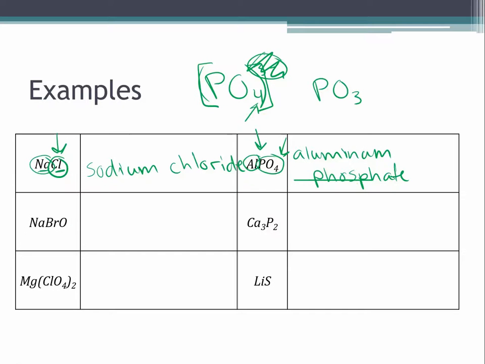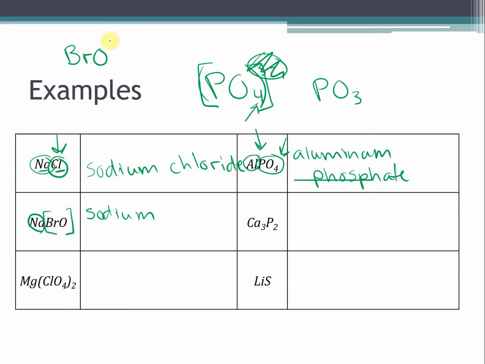Moving right along to our next example, we have NaBrO. So once again, we'll identify the first thing. This is a metal. It is sodium. So we will write sodium. And then everything we are left with, this BrO, has to be our anion. So BrO is going to be one of our polyatomic ions.